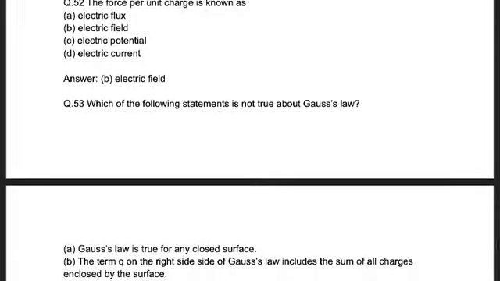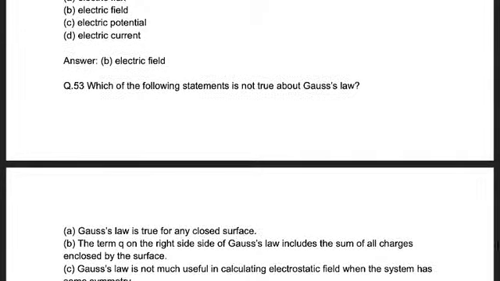Question number 53. Which of the following statements is not true about Gauss law? Again, which of the following statements is not true about Gauss law? A. Gauss law is true for any closed surface. B. The term Q on the right side of Gauss law includes the sum of all charges enclosed by the surface.